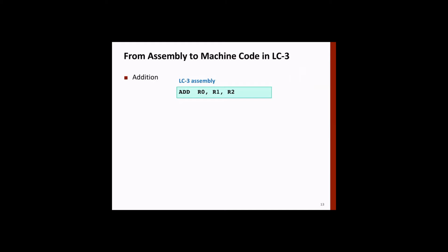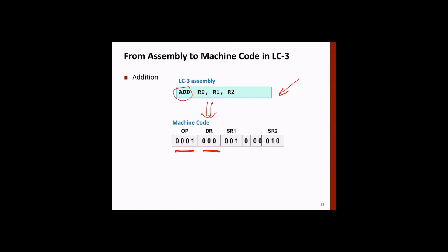All right, so this is an assembly language instruction. We can read and write code in assembly language. But computers cannot understand what R0, R1, R2, and add are, right? Because these are mnemonics. Now this has to be converted into something which the machine can understand, which is nothing but a sequence of zeros and ones, or numbers.